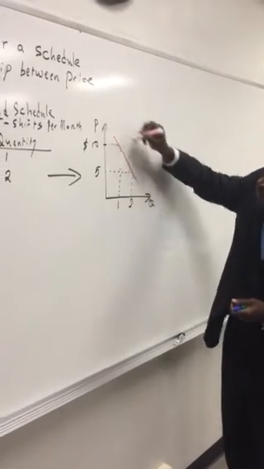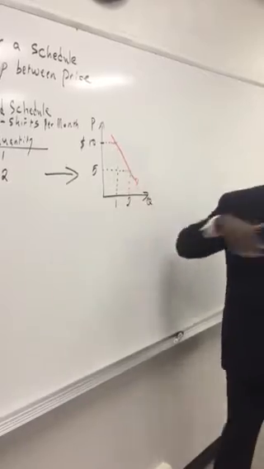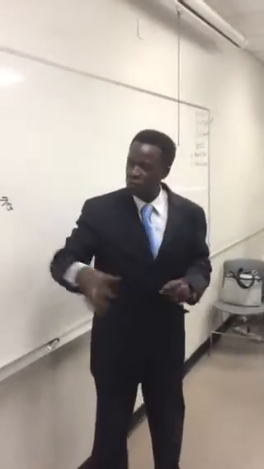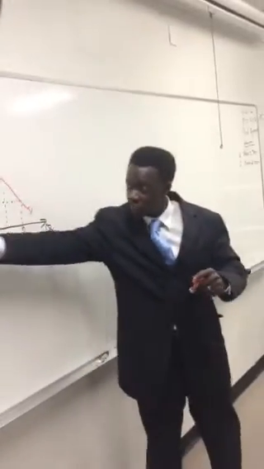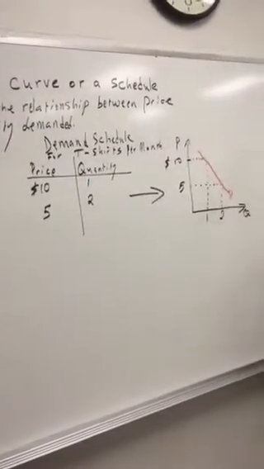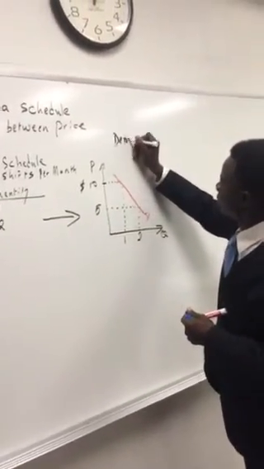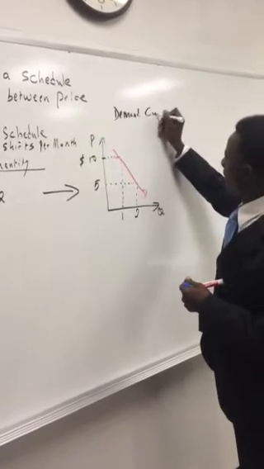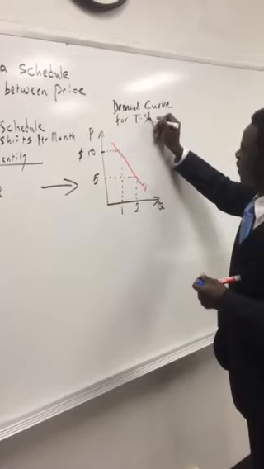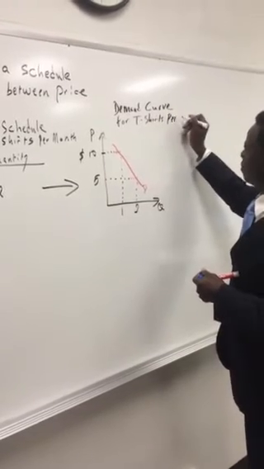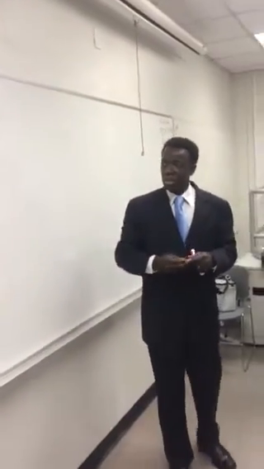This is the demand curve. The demand curve originates from the demand schedule, or the demand schedule gives rise to the demand curve. This is the demand curve for t-shirts per month.